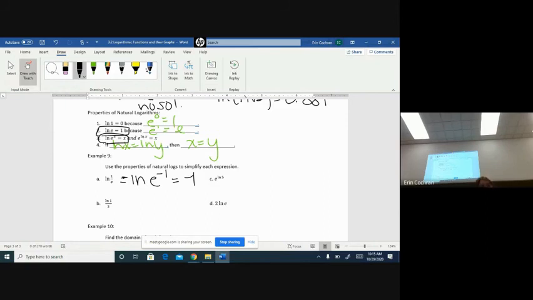Kind of. All right, what about e to the ln of 5? What happens to the e and the ln's? They cancel each other, don't they? So what are we left with? 5. What's the ln of 1? 0. 0 over 3 is 0.